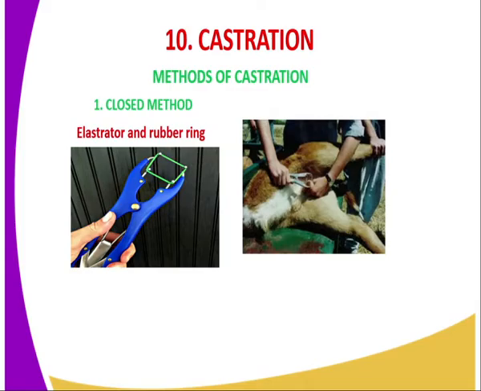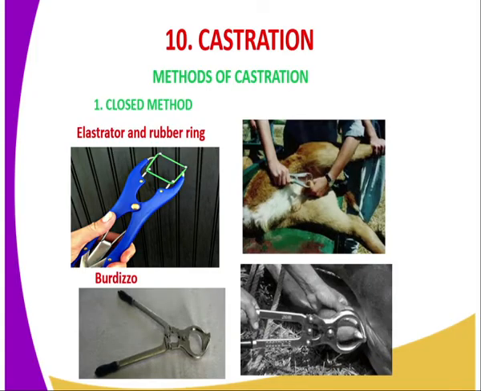You can see it is well illustrated there, and the elastrator is used to expand the rubber ring, and the ring is inserted at the scrotum, and it will be placed where we have the sperm duct, and therefore it will cut the sperm duct gradually until the whole scrotum falls off in the course of when the animal is pasturing in the field.